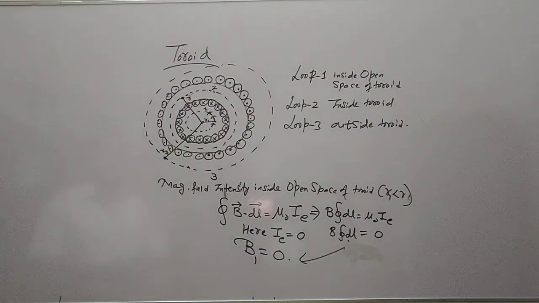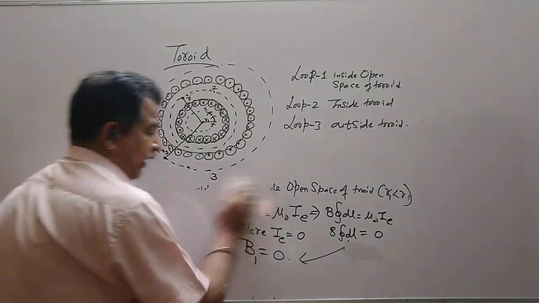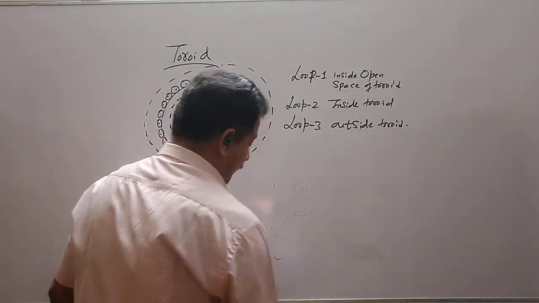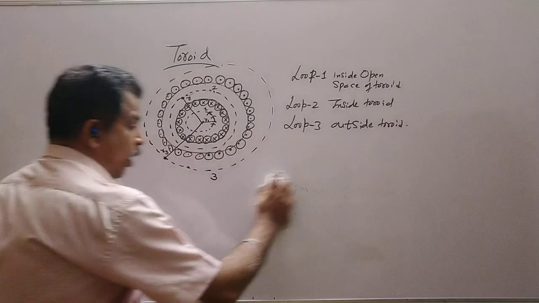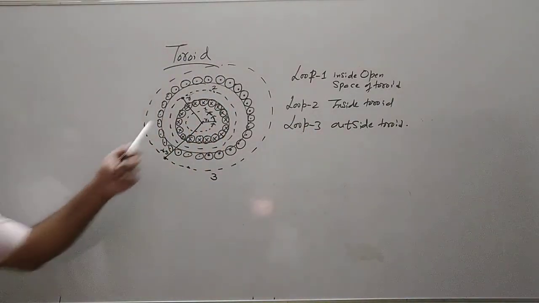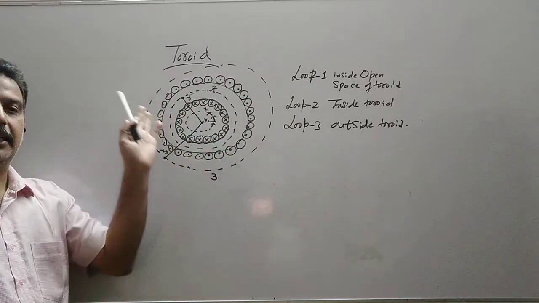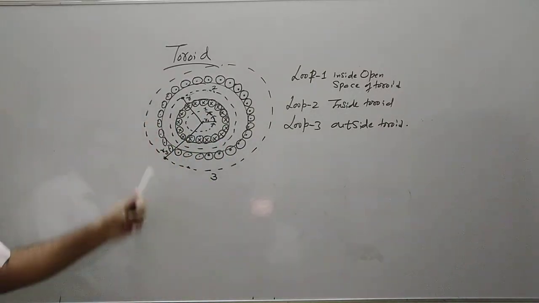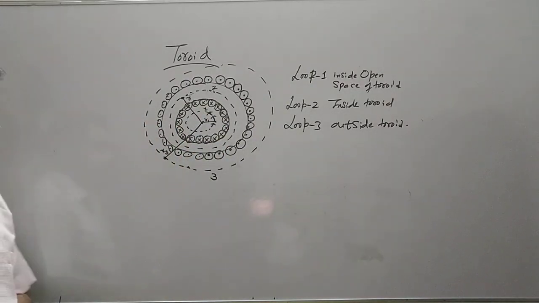Now let us find out the magnetic field intensity outside, that is loop 3. Clearly there will be the magnetic field intensity inside the toroid. So let us find out outside the toroid.